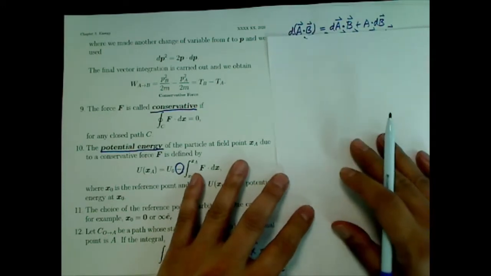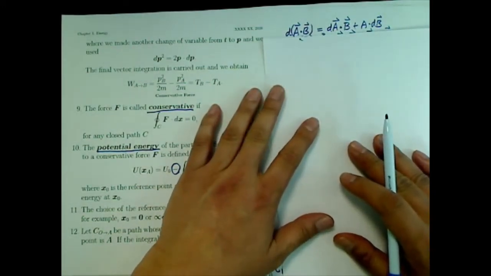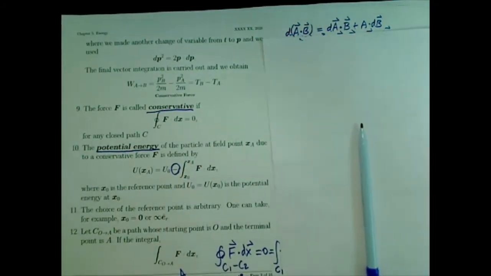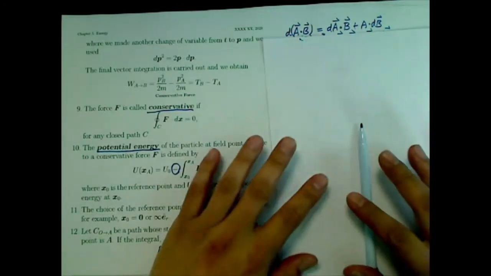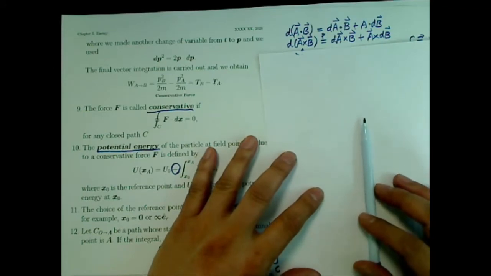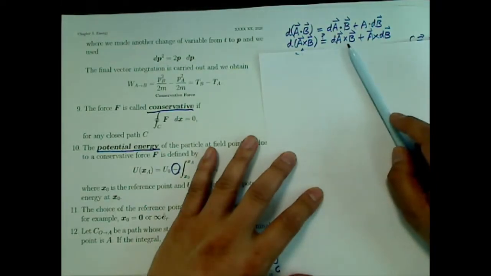We remember this relation: the differential of a scalar product is dA dot B plus A dot dB. What happens in the case of the cross product? Should it be the same, or B cross dA?